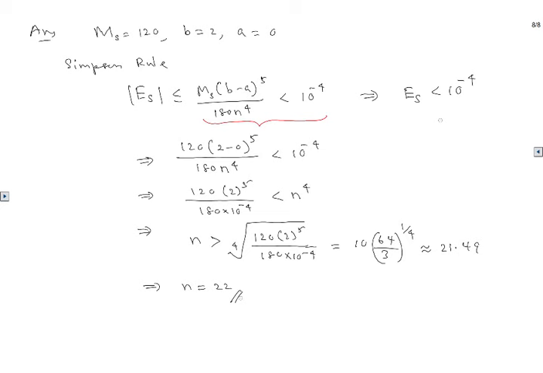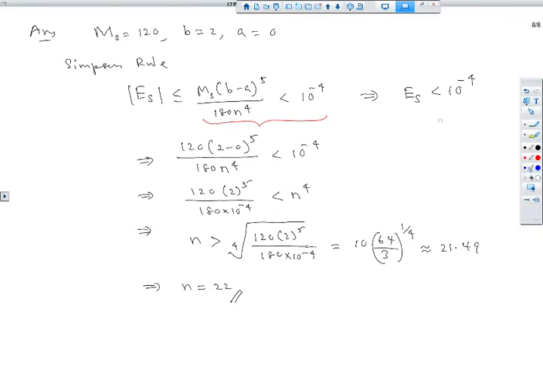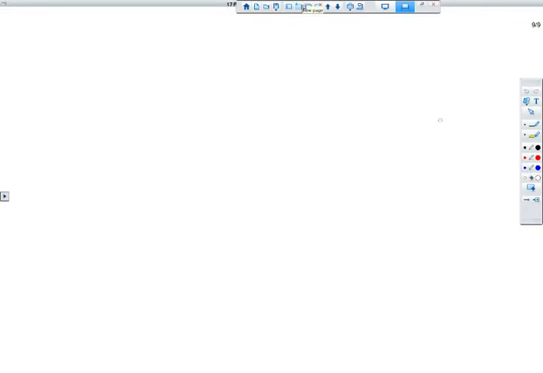Good. There are some applications of this, like in some engineering problems. Let's do one such, and then that's the end of this. So this is an application. Let's say there's a lake, and we want to find the volume of this lake.